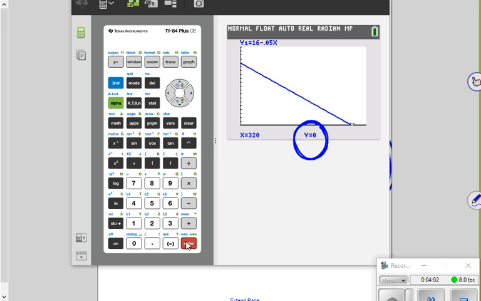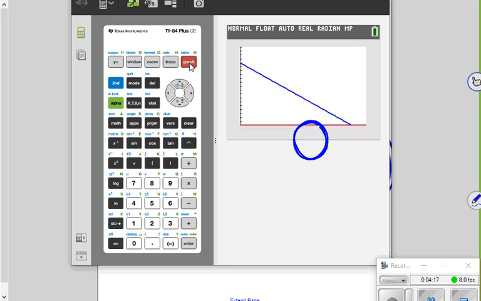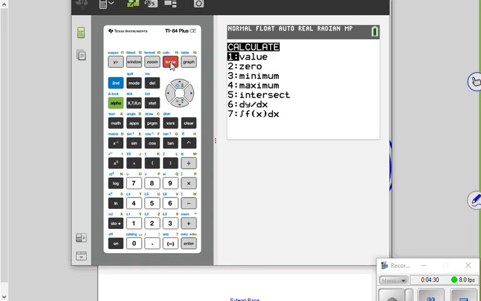Here's another way to do it. Go back to y equals, go down to y2, and just put in the number 0. That's going to make a horizontal line on the x-axis when you hit graph. It turned red because on my calculator, y2 is red. Now, instead of guessing and checking, we can use second trace. That's the calculate menu.